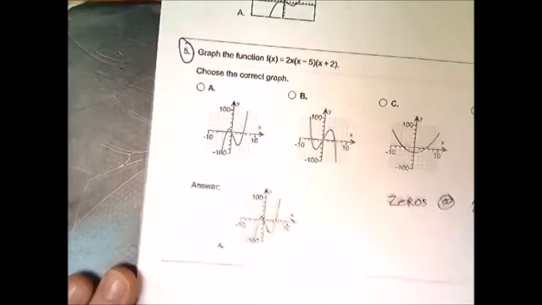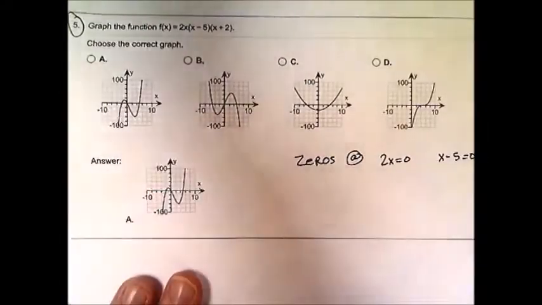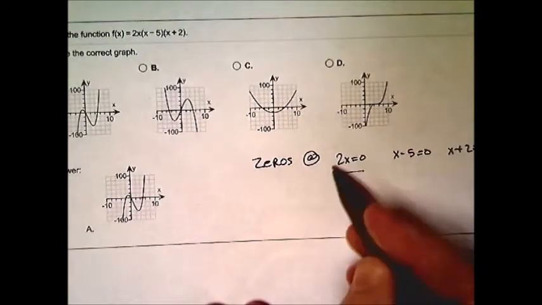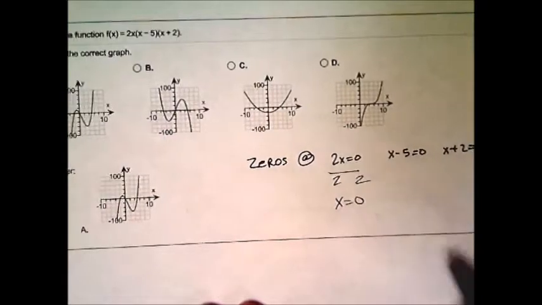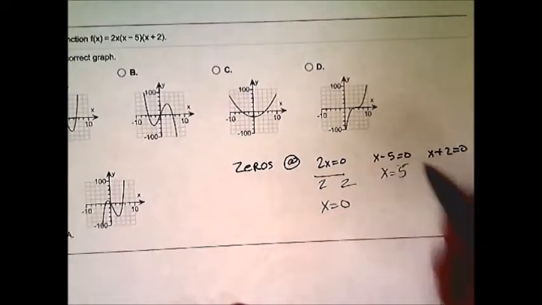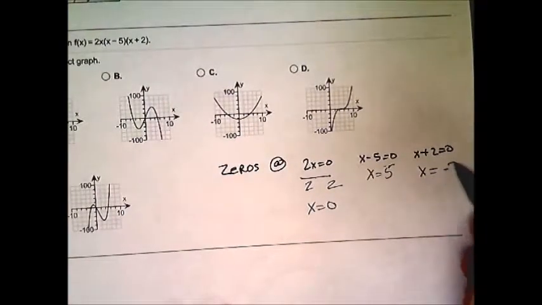Number 5 asks you to graph. Well, it's already factored, and when I take those factors and set them equal to 0, I know it's going to have a 0 at 2x equals 0. When I divide by 2, x is 0. It's going to have a 0 at x minus 5 equals 0, which means x is 5. It's going to have a 0 at x plus 2 equals 0, which x is negative 2.